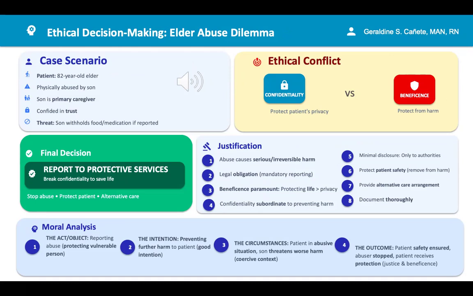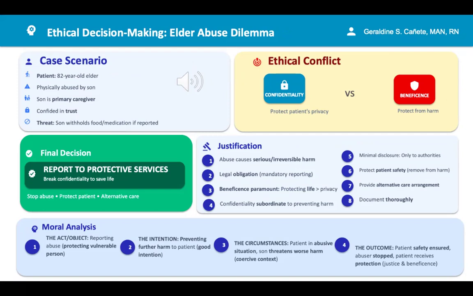Now, this case presents a very difficult and sensitive situation: elder abuse. As nurses, you are often in a position to witness or suspect abuse, and it's crucial to know how to respond ethically and legally.